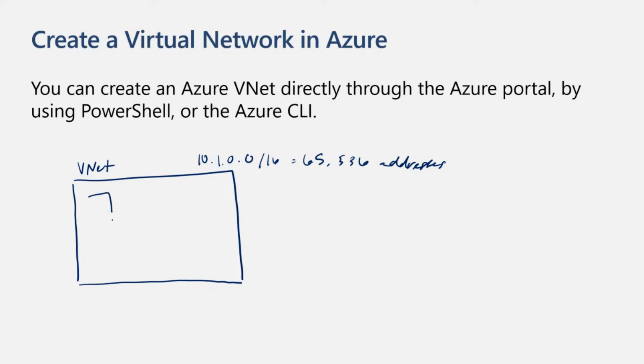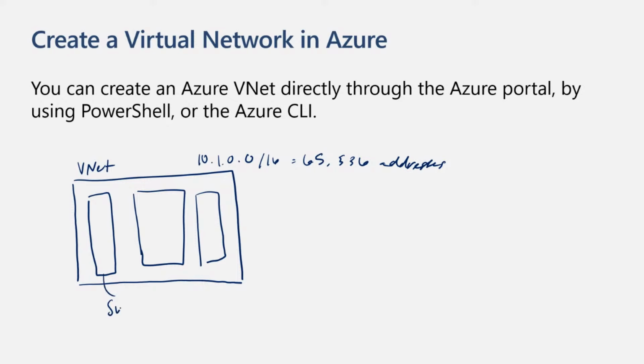So the subnet is something that you are going to configure and create as you are creating your virtual network. And your subnet, essentially, if we were to take a look at this graphically, let's pretend each of these boxes are pretty even. They're all representing a subnet. And it is important for the subnet to have an address range within the virtual network address range.